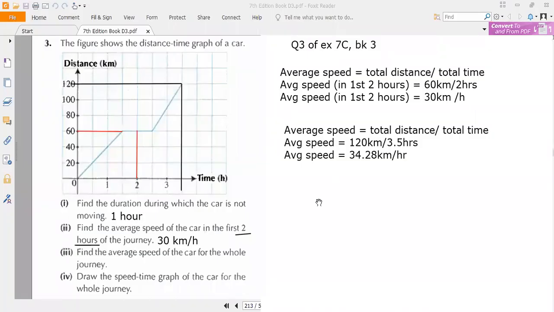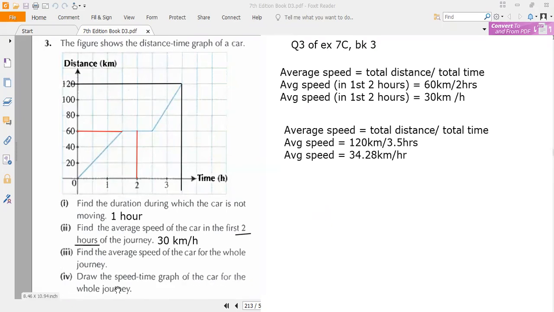Before starting with the fourth part of this question, I'm just going to write something over here, which you have to write also. Now they are saying draw the speed time graph of the car for the whole journey.